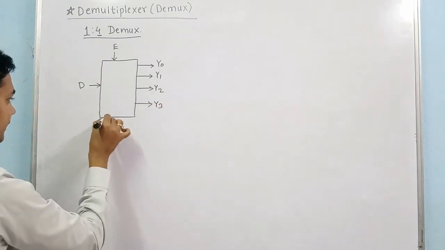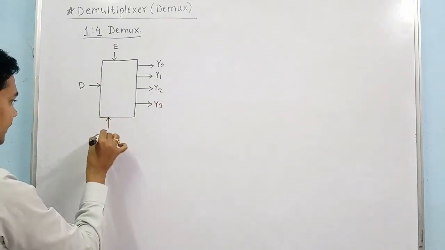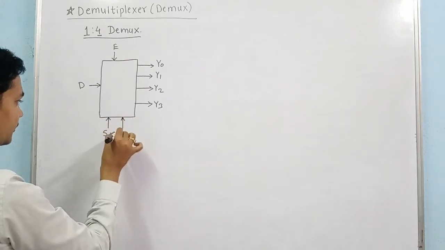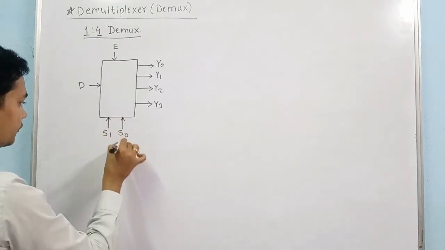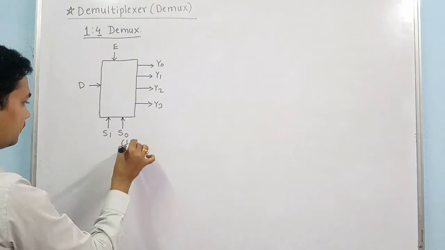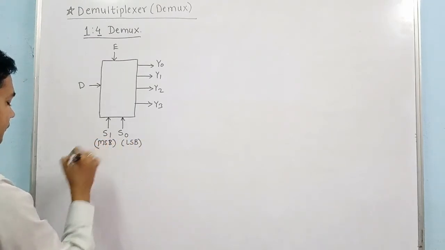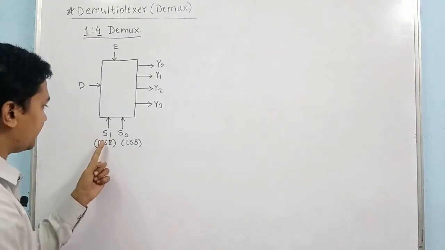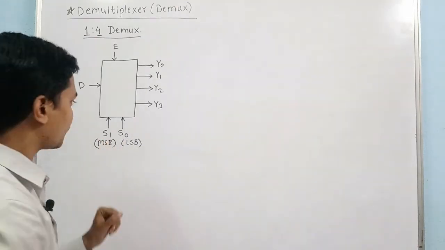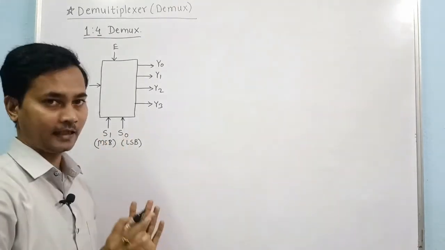And how many select lines should we have? Only 2 select lines, S1 and S0. S0 is considered the LSB and S1 is considered the MSB, so we write S1 S0.